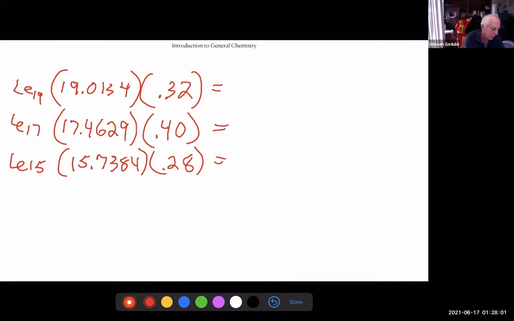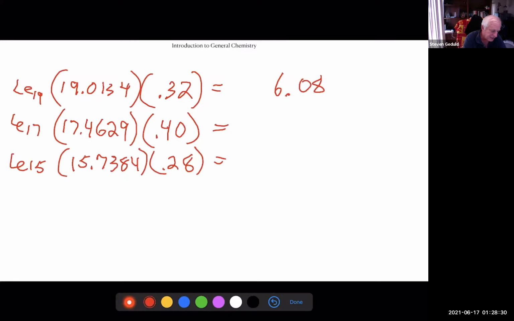19.0134 times 0.32 equals 6.08. We'll round to two places past the decimal since we're multiplying and adding.